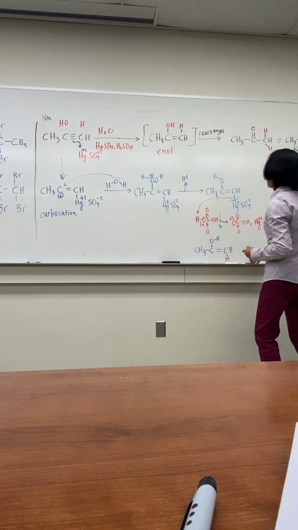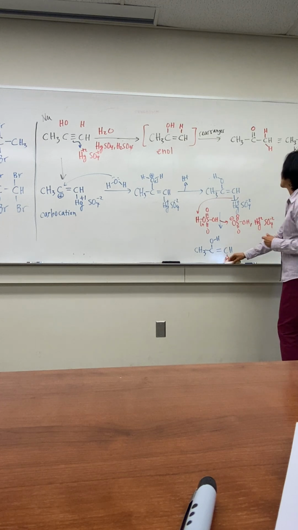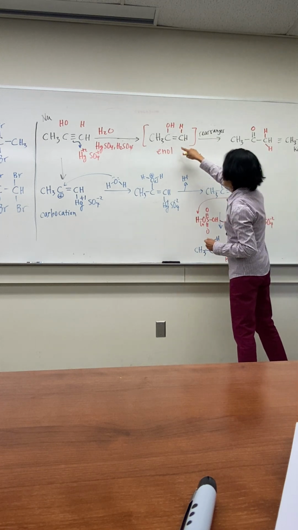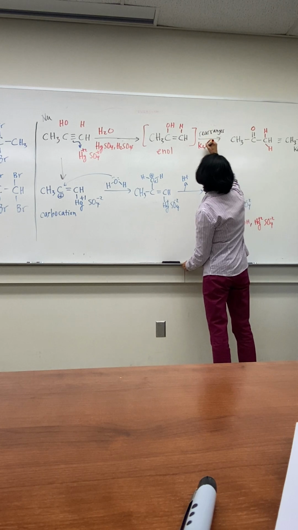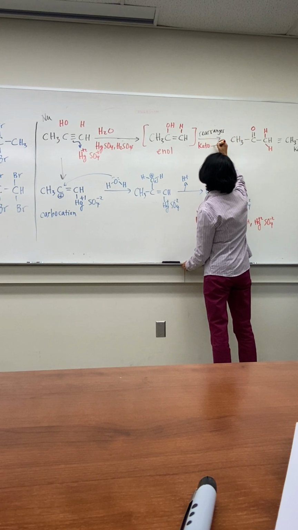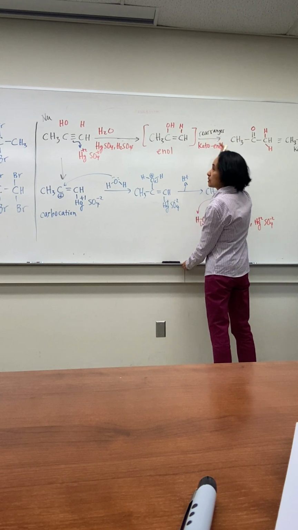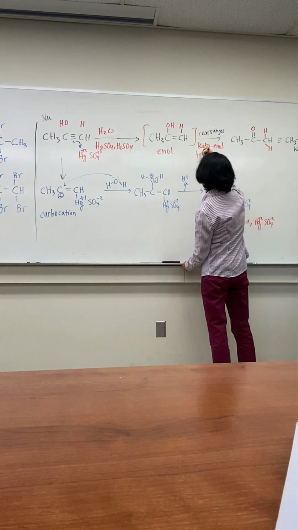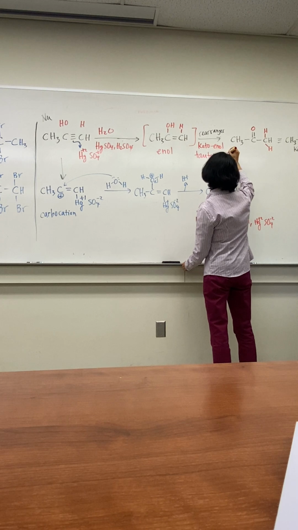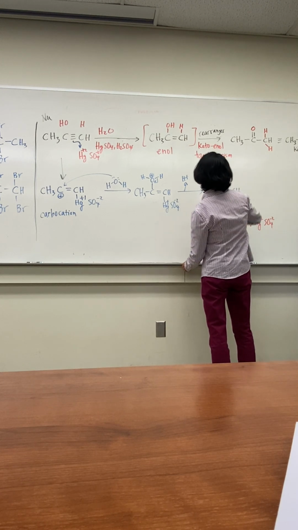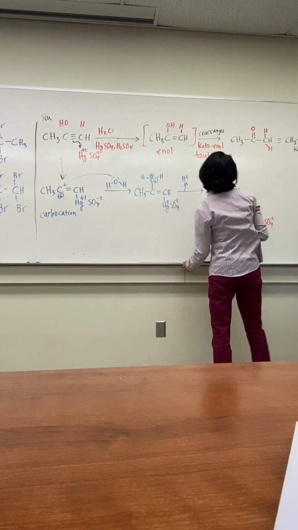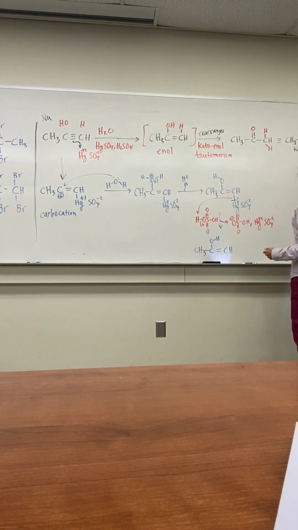So basically you're just going to rearrange. So this is the enol, and this is referred to as keto-enol isomerism. Specifically, this is referred to as tautomerism. Okay, so you get this structure.